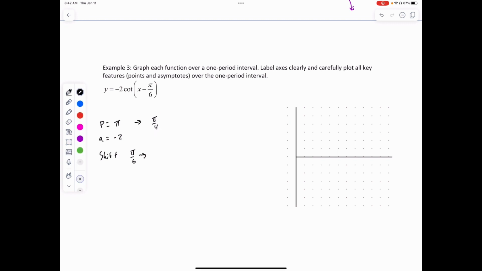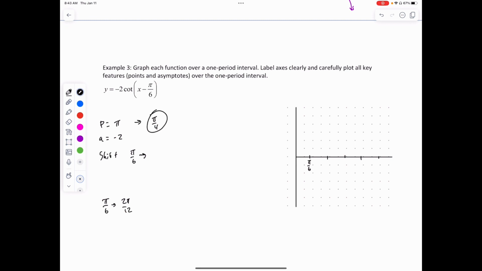So I need to start with a shift of pi over 6 to the right. And then pi over 4 is going to be what I count by. 1, 2, 3, 4. And if I'm counting by pi over 4, what am I getting? I guess maybe we should do some fraction conversion here. Pi over 6 is the same thing as 2 pi over 12.